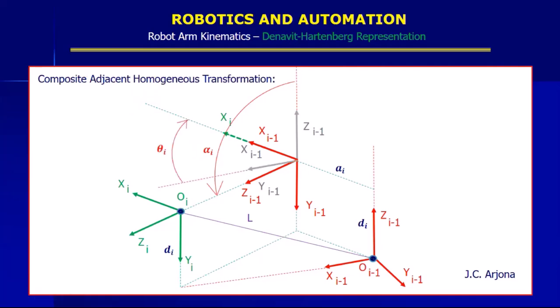Finally, here is the summary of defining the 4 DH parameters. We have the DI, AI, the theta I, and the alpha I.